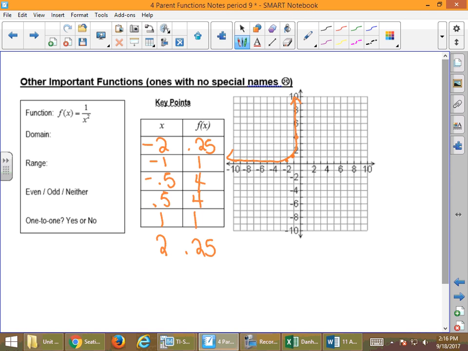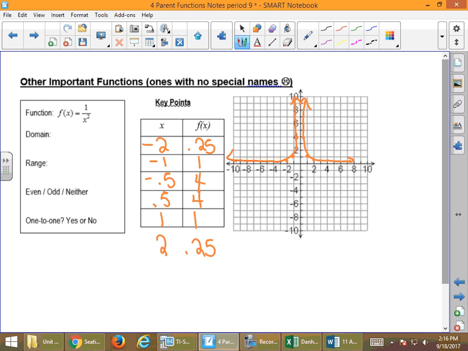And then it's positive 0.5, 4, 1, 1, 2.25. And maybe a little bit better picture on the freehand rather than the screen, only because we can see that our graph does not touch the x-axis.